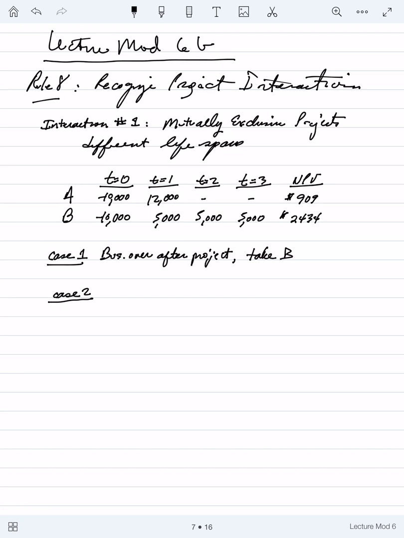So think of case 2. Regardless of the project you choose, let's say you plan to stay in business for some predetermined amount of time. Say you wanted to stay in business for, in this case, 3 years, regardless of the project.